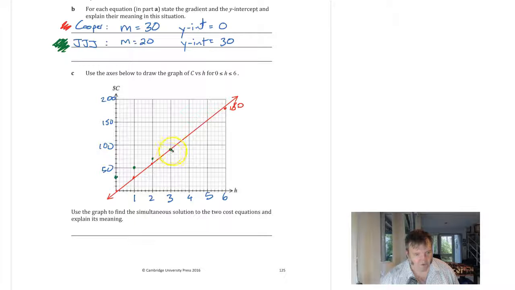That's where they're going to cross over, isn't it? But if you employed Joey Jojo for 6 hours, well, 6 twenties are 120, plus 30 is 150. It's going to be a bit cheaper. And we could draw the lines in there. Now, again, this will be more what you expect to do in your assignment, but you get the idea of what we're on about.